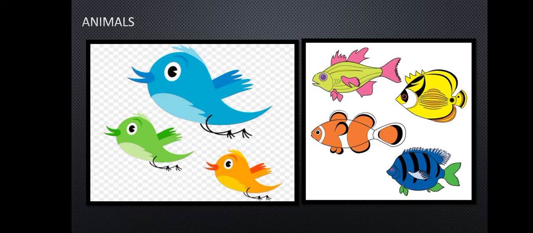Animals include different types of birds, fishes, and other animals. Insects are also a part of our environment, and it also includes small organisms called germs, which we cannot see with our naked eyes.